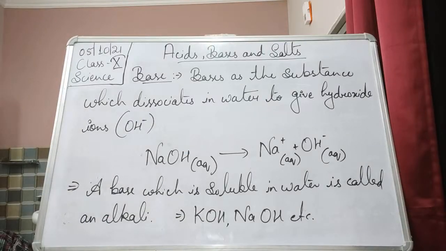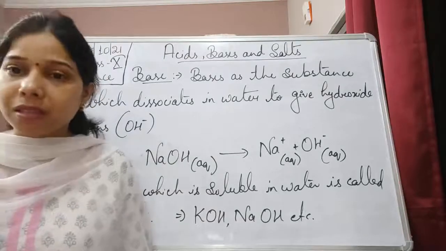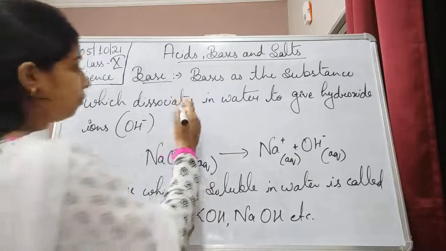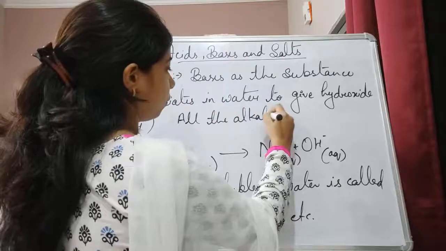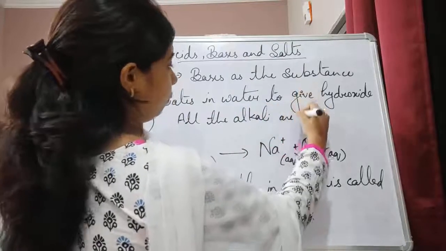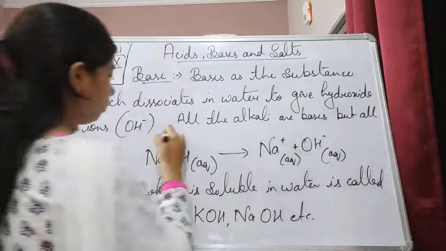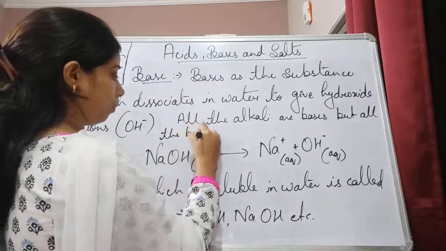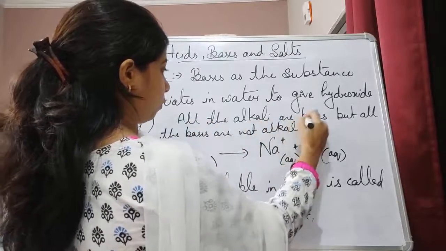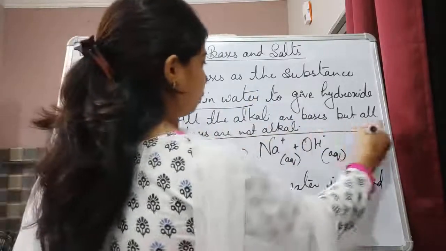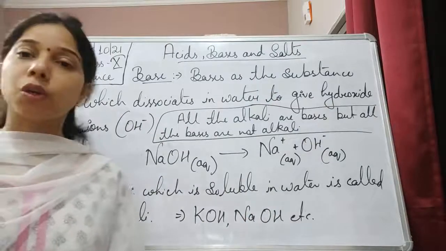Now see, we can say here that all alkalis are bases, but all bases are not alkalis.